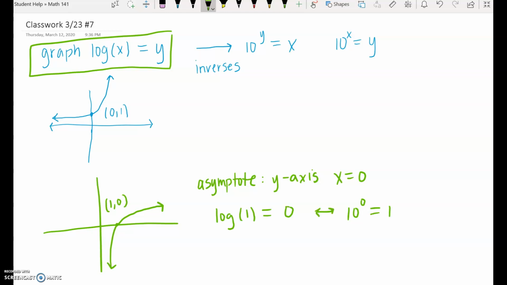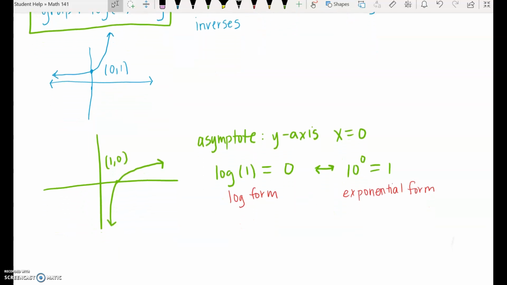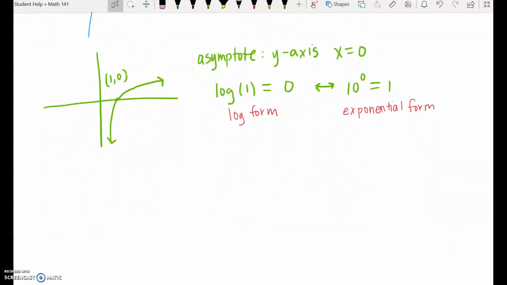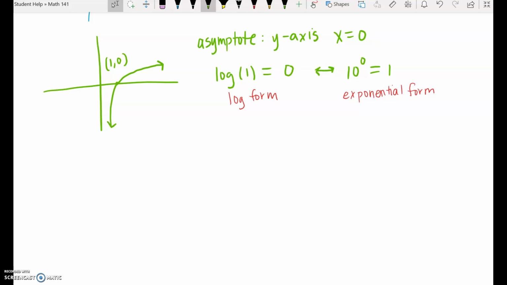This one in exponential form and this one in log form. We can use this as our base graph to maybe graph something different.